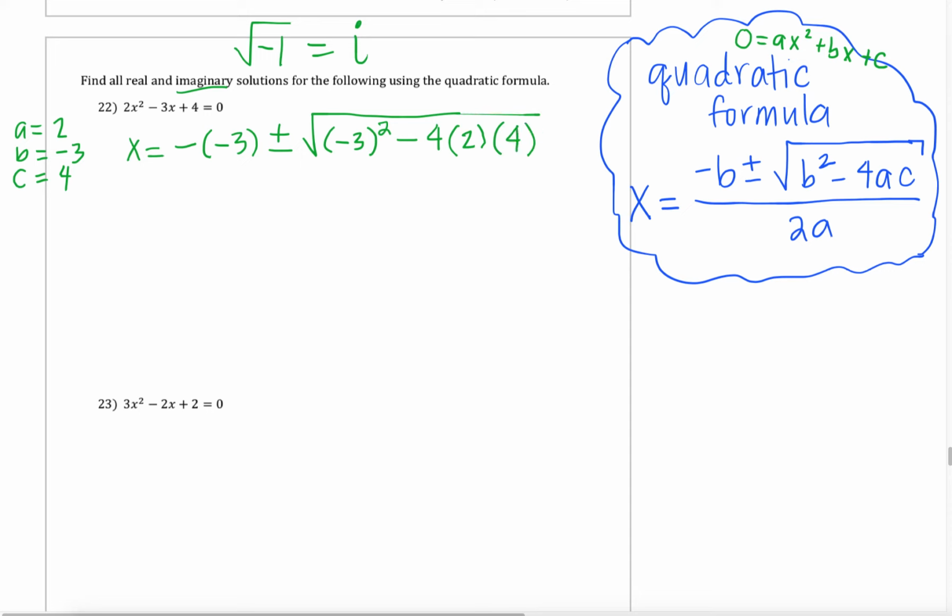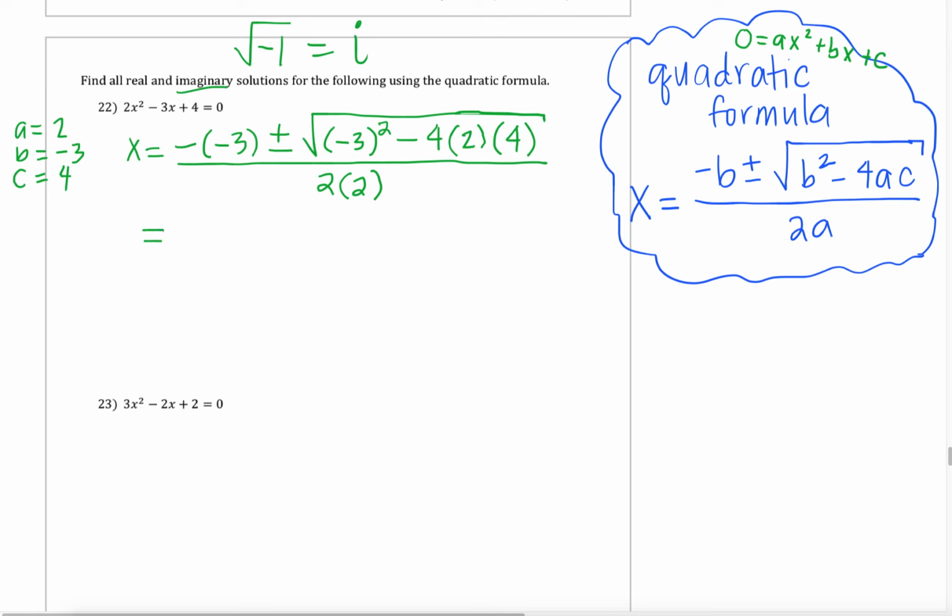And I'm going to extend that square root over everything since that's all underneath the square root sign. Then all of this gets divided by 2 times our a value, which is also 2. This is our setup for the quadratic formula, and it is necessary to show this on all of our learning checks and your assessment because it is demonstrating that you understand how to use the quadratic formula.